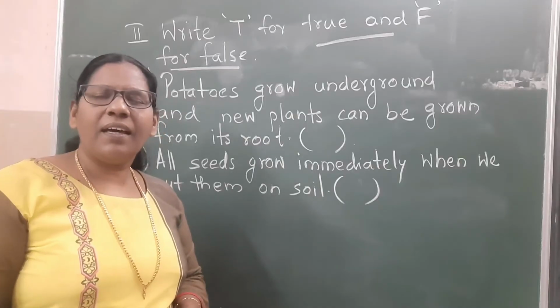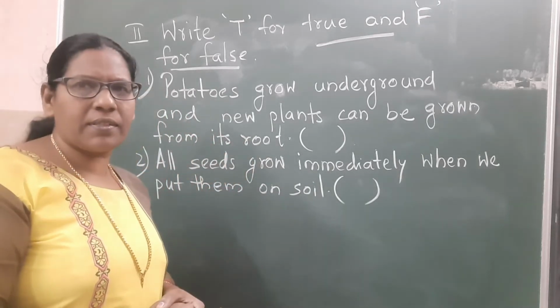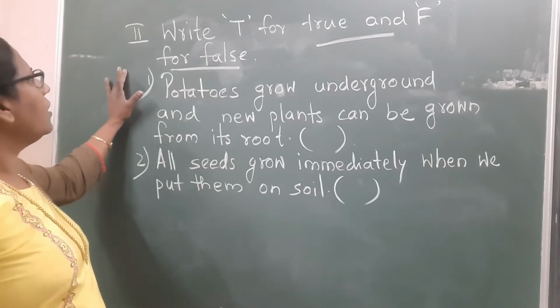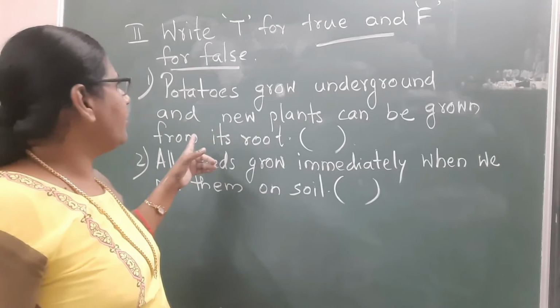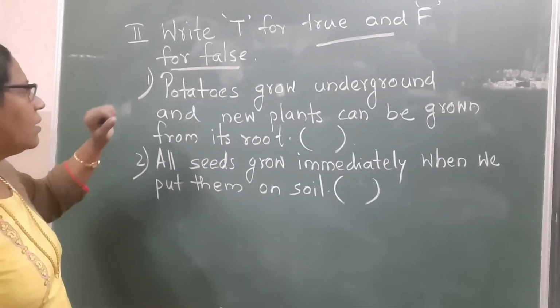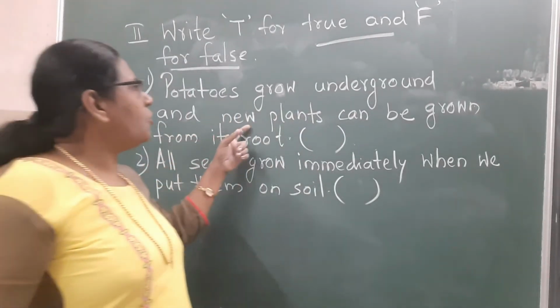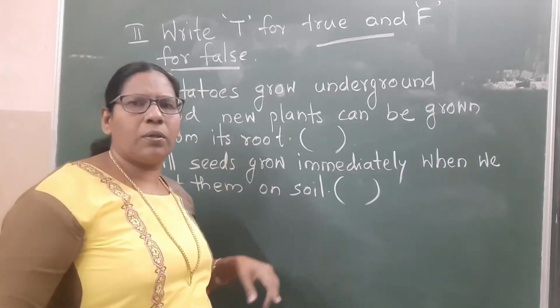Now we will see whether the following statements are true or false. If it is true, we have to write T, and if it is false, we have to write F. We'll see the first one. Potatoes grow underground and new plants can be grown from its root.